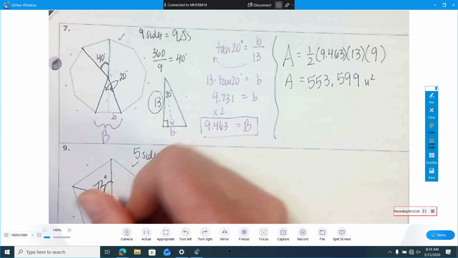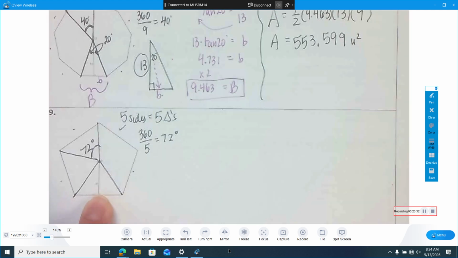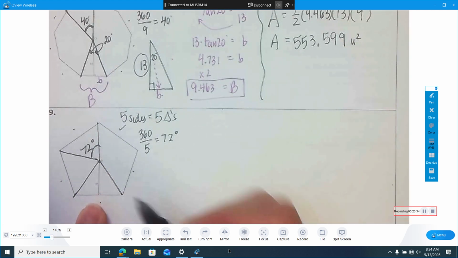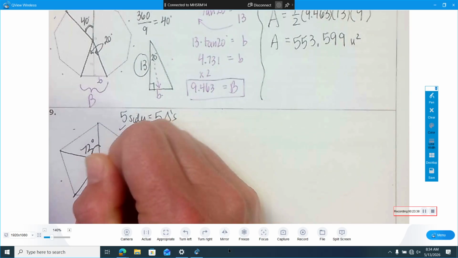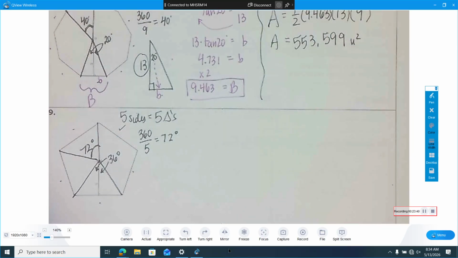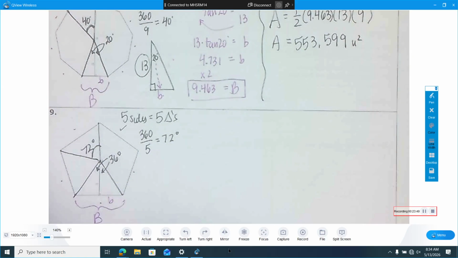Now, if I split that with that lovely little opossum they gave me of 17, 72 divided by 2 is 36 degrees. So those got split now to 36-degree angles. So I want to find my little base and then get my big base so I can find the area of that whole triangle.